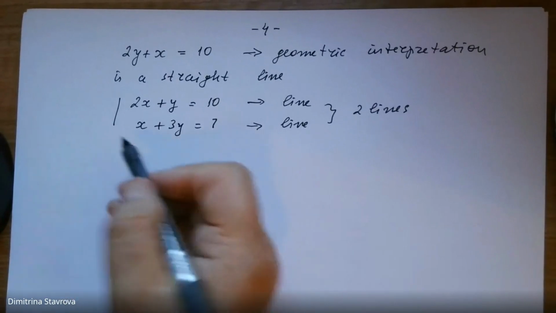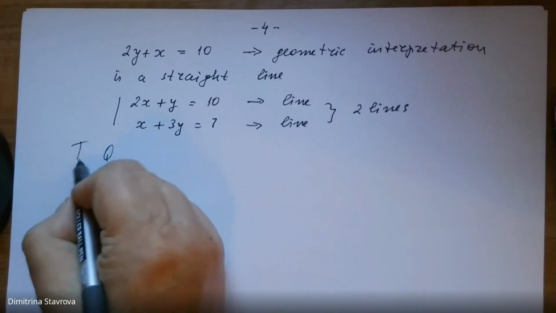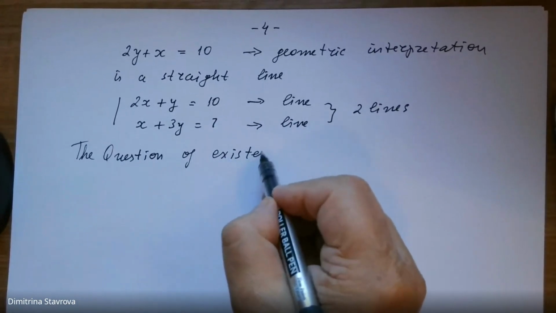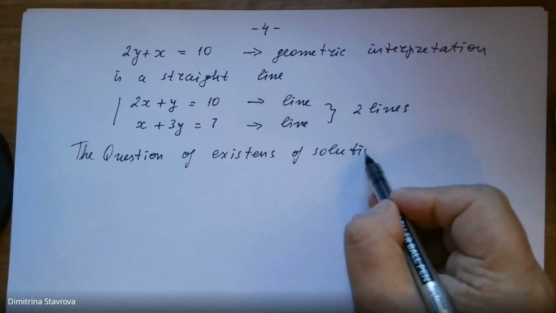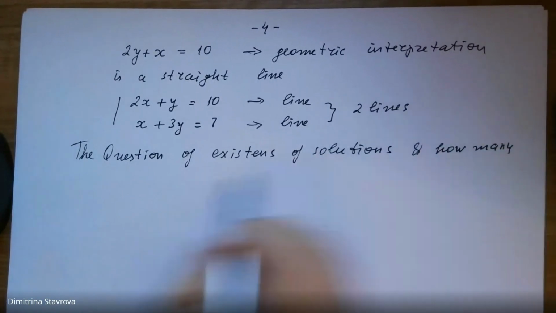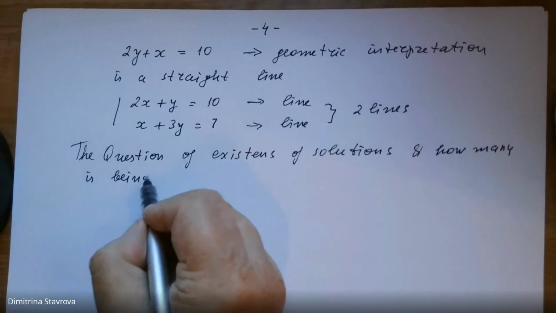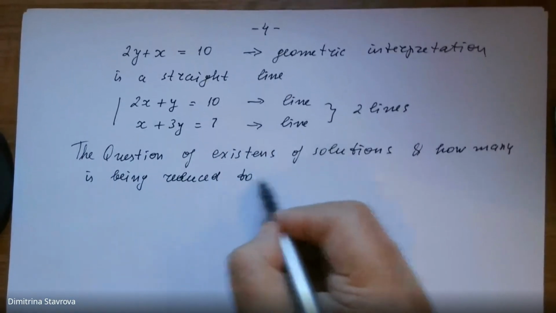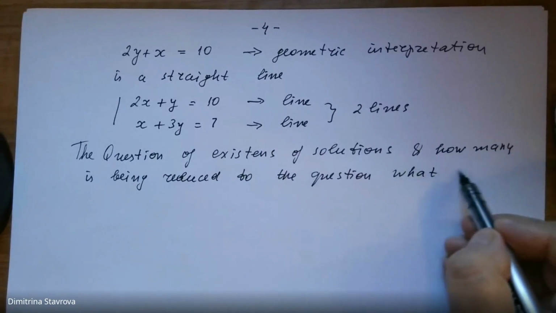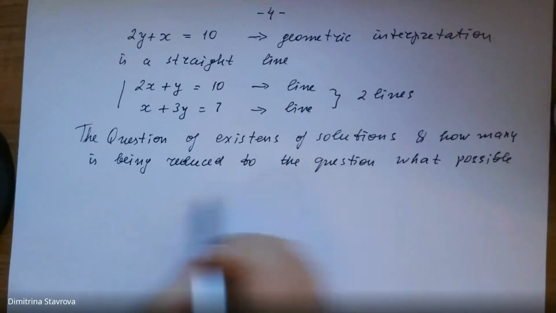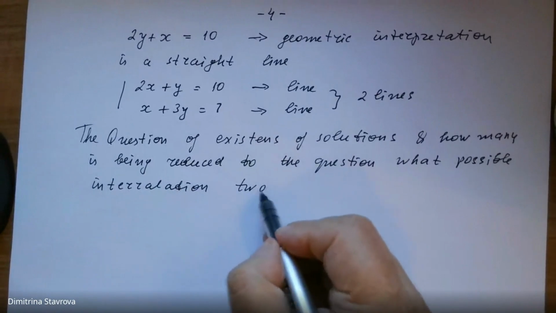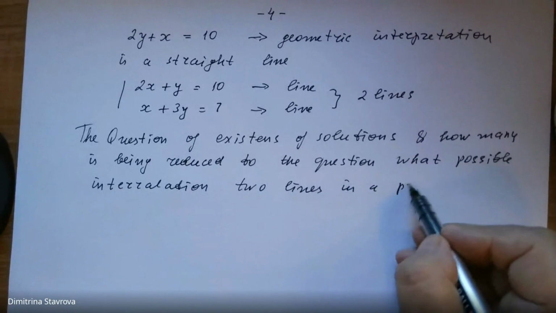Why? Because the question of existence of solutions of such a system and how many of them is being reduced to the question what possible interrelation two lines in a plane have.